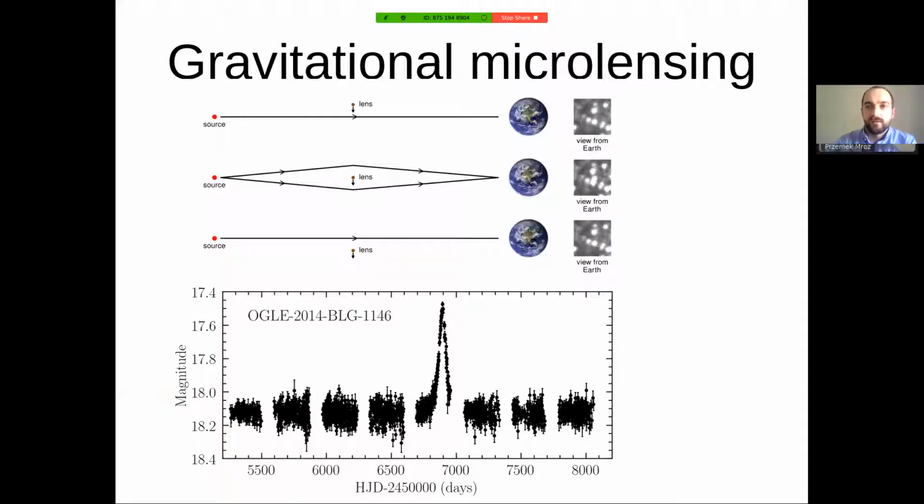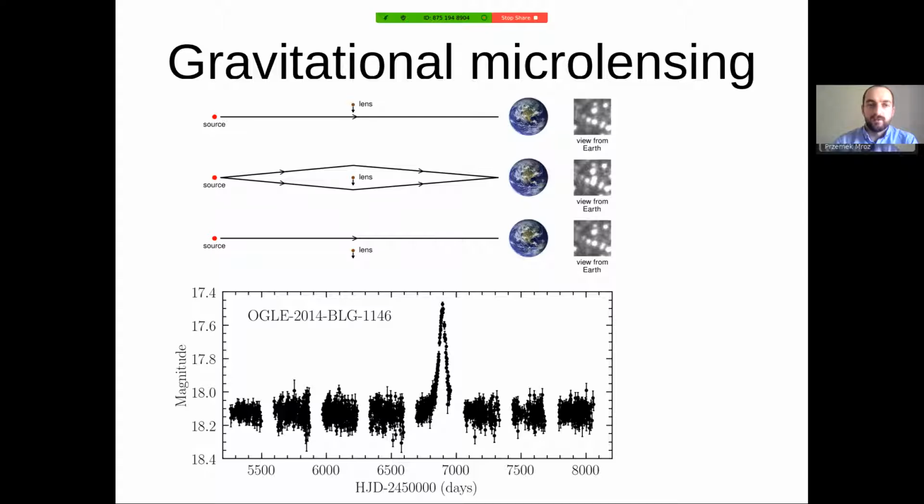Gravitational microlensing is basically the same phenomenon, but it occurs on much smaller scales within our galaxy. So during gravitational microlensing events, the light from a distant star, known as a source, is bent and magnified in the gravitational field of an intervening lensing object.